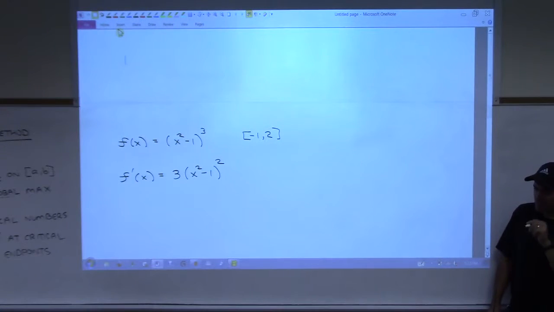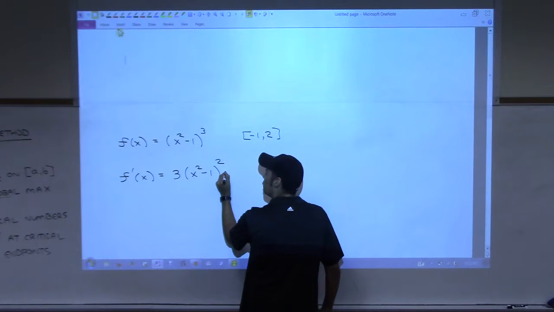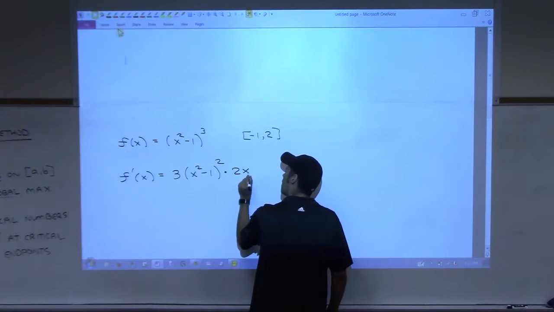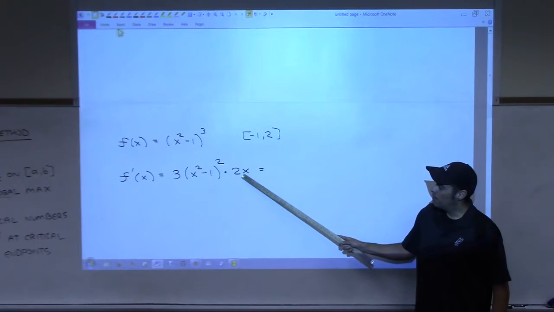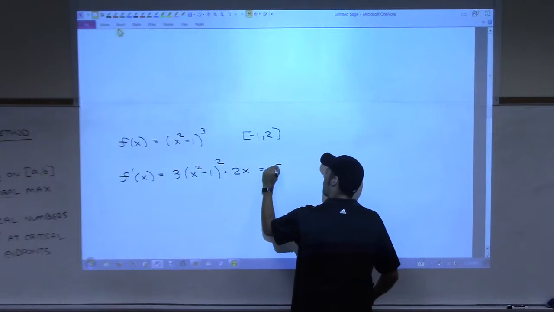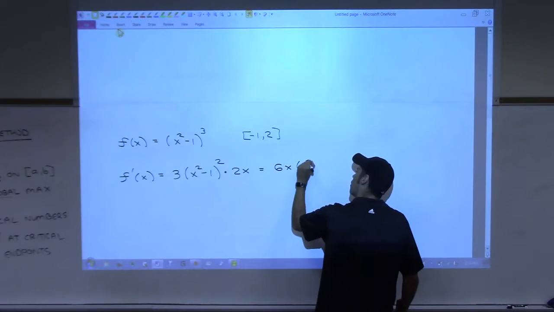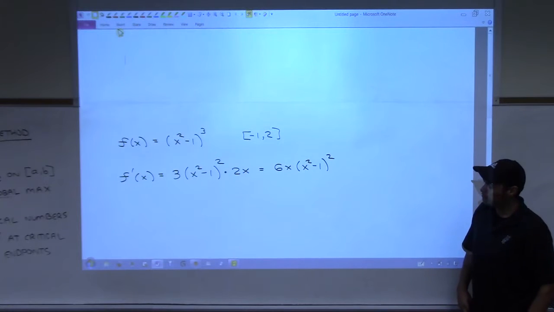And then chain rule says times the derivative of what's inside, which is just 2x. So if I clean this up a little bit, pop that 2x out front with the 3, it's going to be 6x times x squared minus 1, squared. There's my derivative.